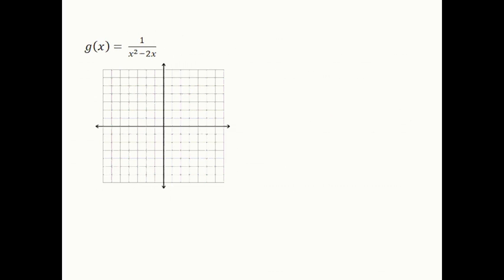This first one here, we're going to factor the numerator and denominator. We obviously see that the numerator can't be factored, that's just 1. The denominator we can factor out an x, and we're left with x minus 2. Now we're going to find our vertical asymptotes by seeing what makes the denominator 0. So what values of x make the denominator equal 0?